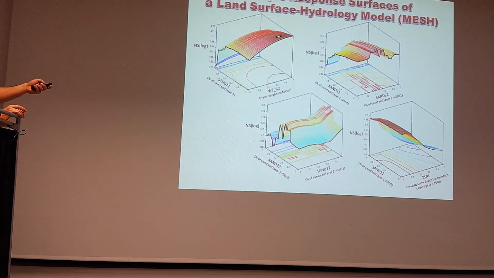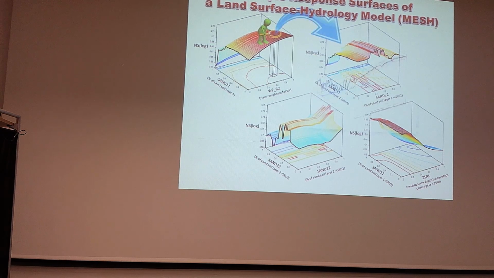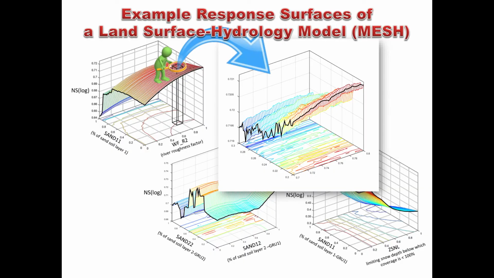For example, this area, which looked quite smooth, if you zoom in, you might see a lot of roughness, small-scale fluctuations, due to numerical implementation in the model and so on. So what is of interest is really to take into account all the features, from small-scale features to large-scale or dominant modes like this. That would probably be the ideal means for sensitivity analysis.